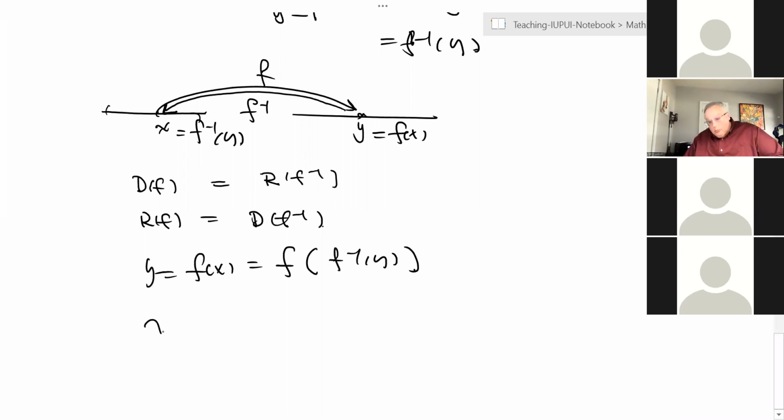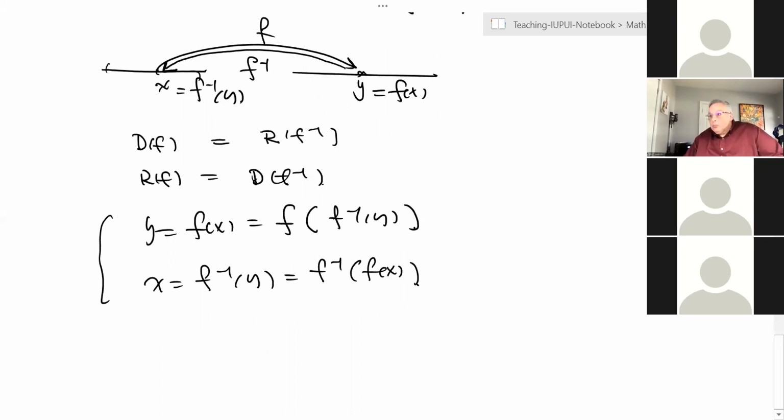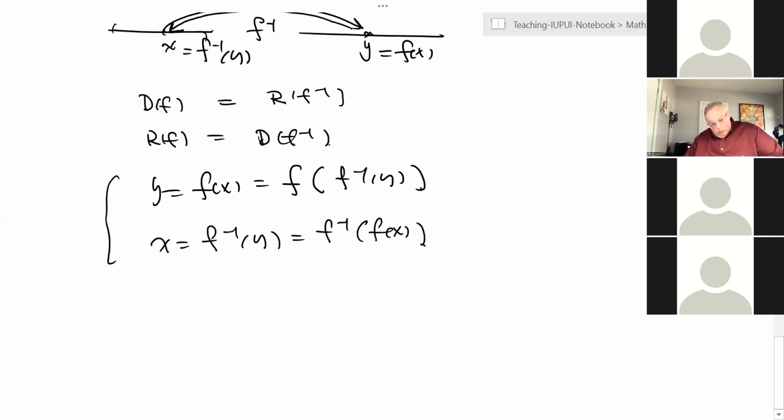If we look at here, x equals f inverse of y, and y is from f, y equals f of x. So you have 2 important identities. You can verify this using examples, but this is what we get here.